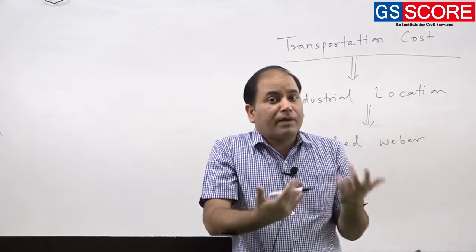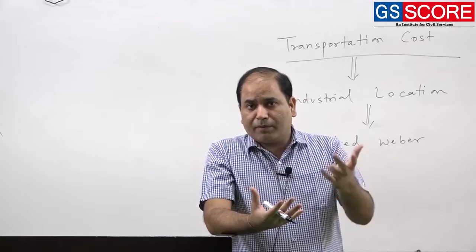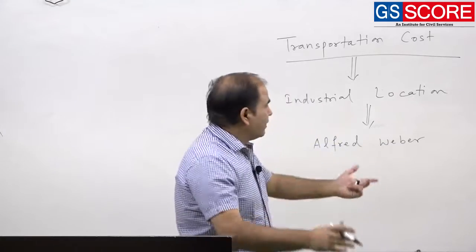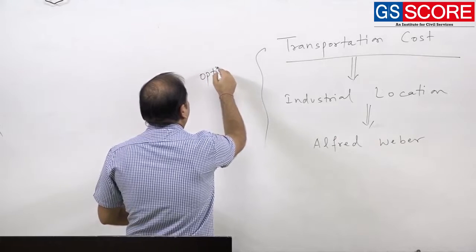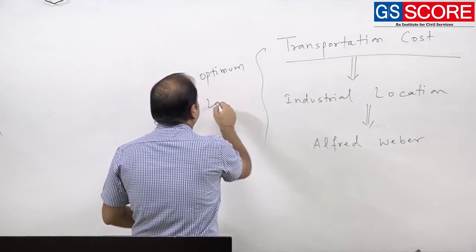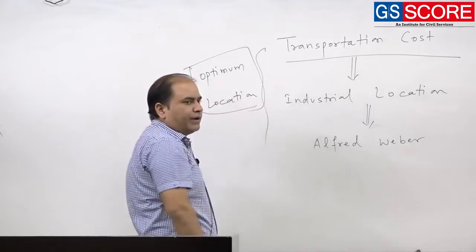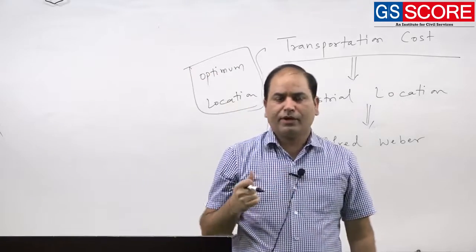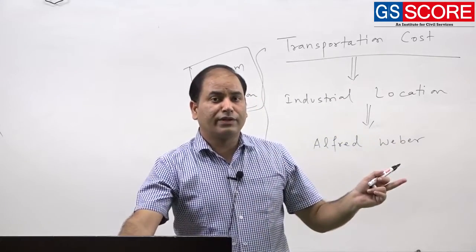And of course, the main purpose of setting up an industry would be to gain benefit, to gain profit. So, simply, he was trying to find out the optimum location of an industry, where it should be set up. Alfred Weber's theory is also one of the locational theories in economic geography.